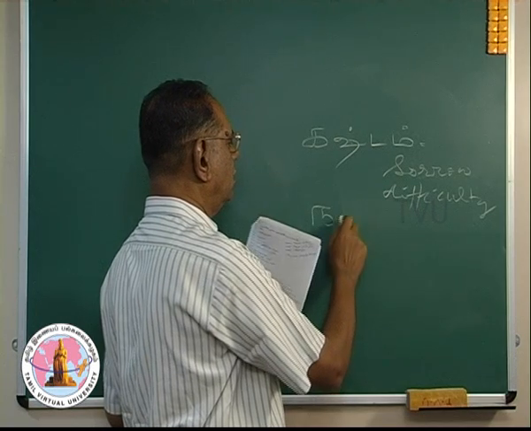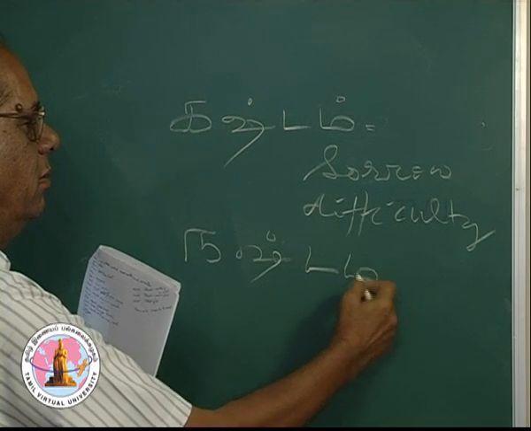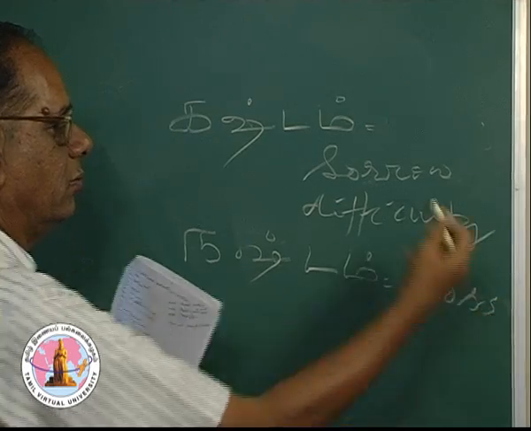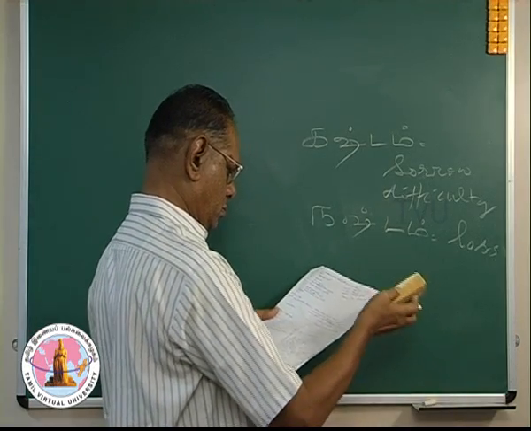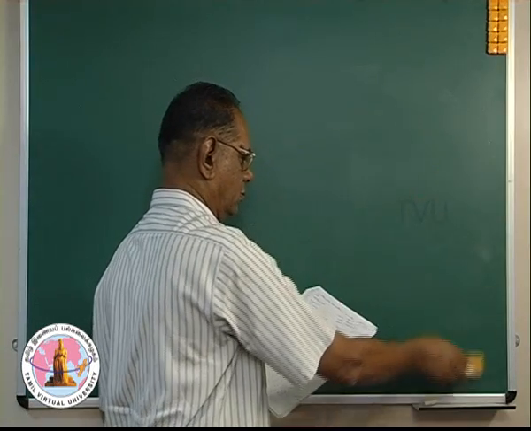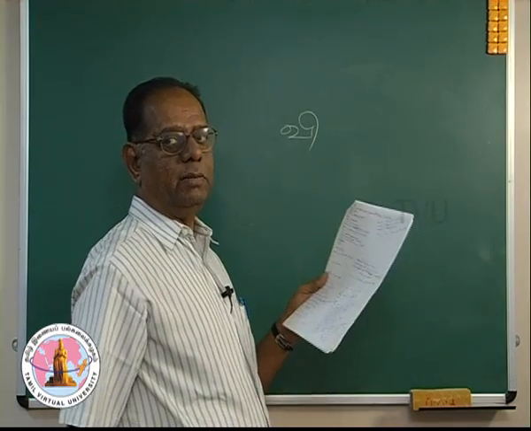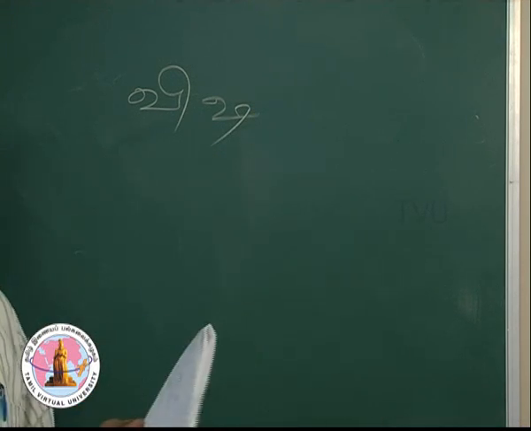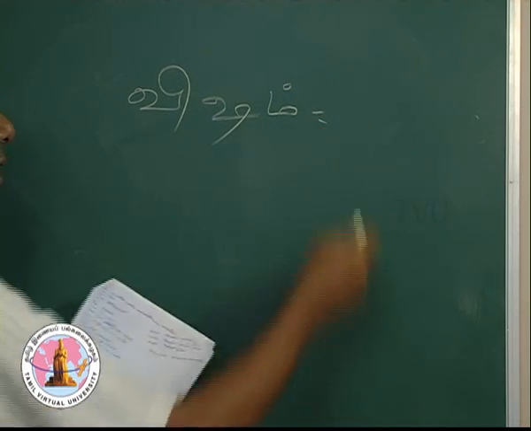This is na, ish, ta, yam, nashtam, loss. It's a Tamil letter, V. Sha, the new letter. Yam, Visham, poison.